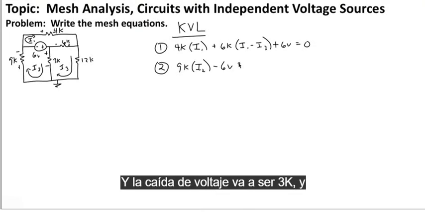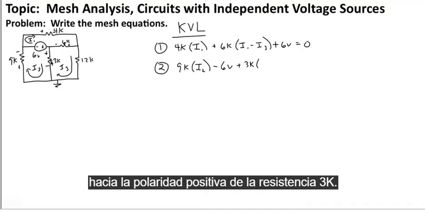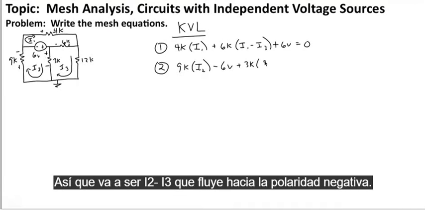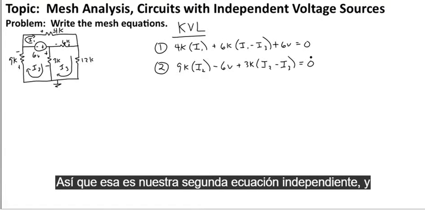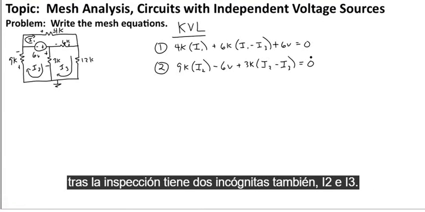The voltage drop there is going to be 3K times I2 flowing into the positive polarity of the 3K resistor, minus I3, which is flowing into the negative polarity, and that's equal to 0. So that's our second independent equation, and upon inspection, it has 2 unknowns as well, I2 and I3.